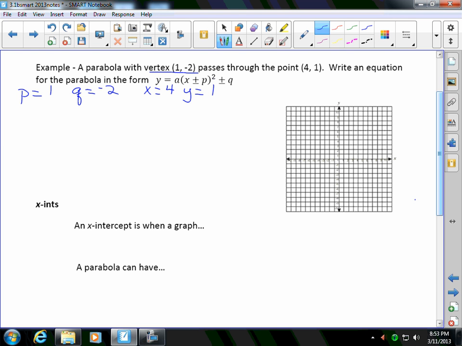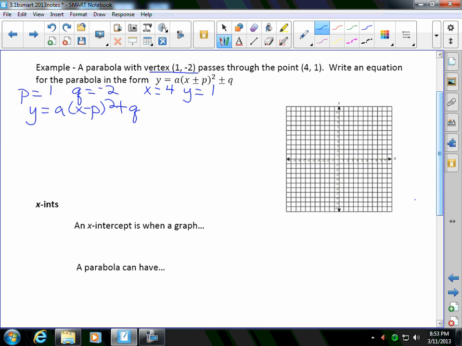So what we have here is things we can substitute into our vertex graphing form equation that we can then use to find the value of a. By substituting into the equation, we have the general form of it. Instead of writing the plus or minus for the p's and q's, I'm just going to write it this way, which is what you'll usually see in your textbook.